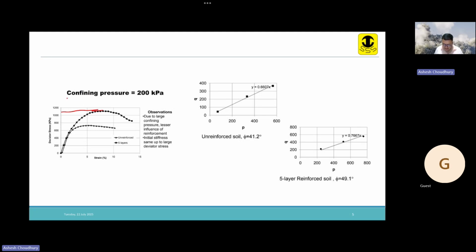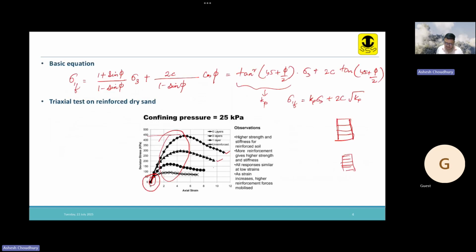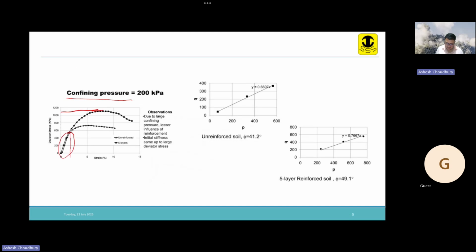But at higher confining pressure, we are seeing that the initial portion remains the same for both unreinforced and reinforced cases for a longer strain range. Here it was initially only in this part, but here up to this much strain, the initial portion is almost the same. Initial stiffness is almost the same up to a larger stress level.